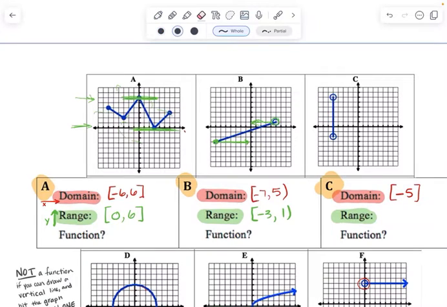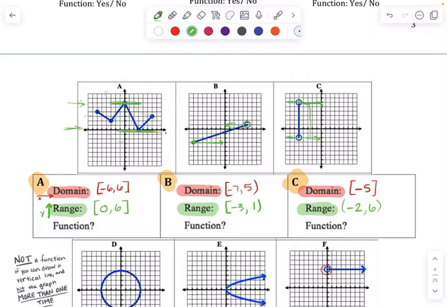Looking at letter C, we've got graph from here to here. So that lowest or least y value is -2. And then we've got graph all the way up here to +1, 2, 3, 4, 5, 6. Closed dots at both, so including.